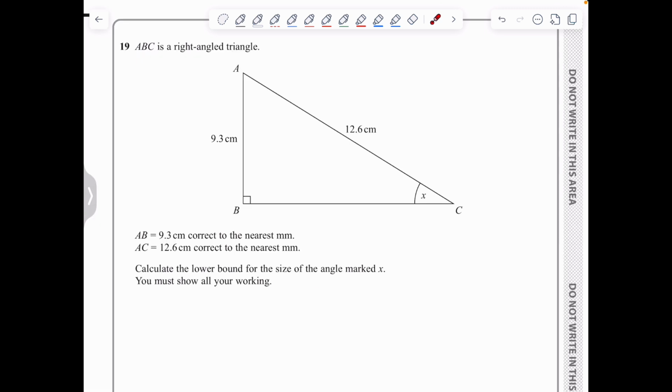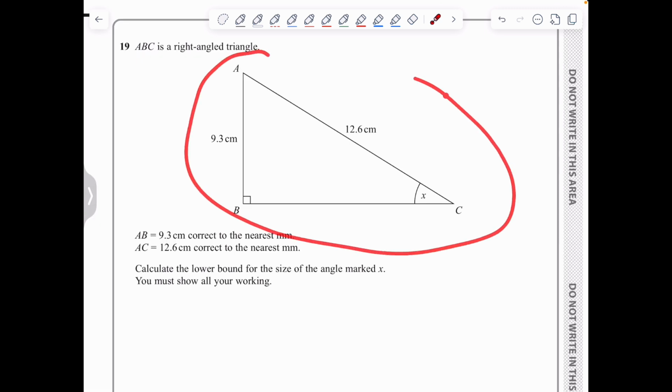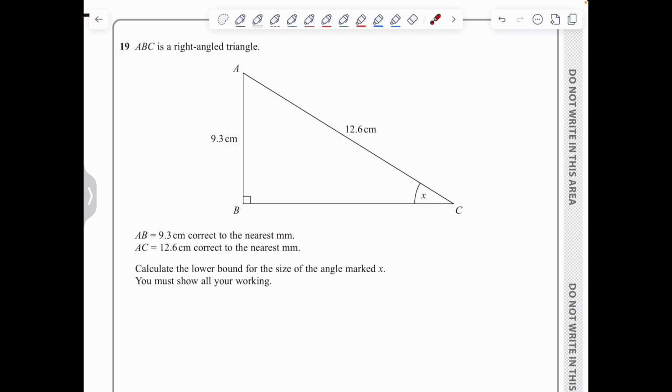In 19, we're given the triangle ABC. Here it's a right angle triangle with AB being 9.3 centimeters and AC being 12.6 centimeters. Both measurements are given to the nearest millimeter, and we need to calculate the lower bound for the size of the angle marked X, and we need to show all the working.